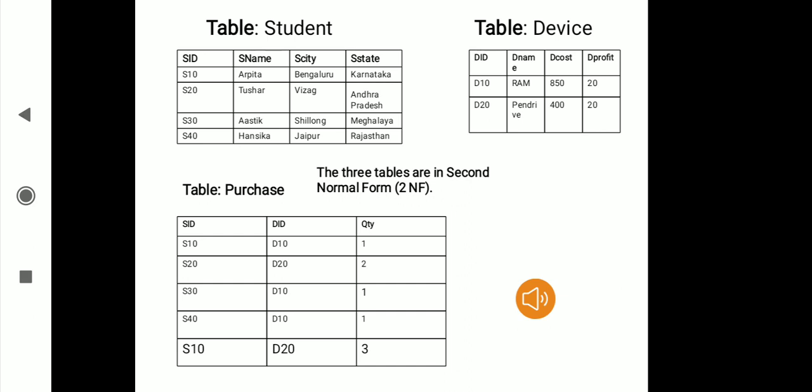As a result, SID and DID taken together can become the primary key column of the table purchase, which can uniquely identify every row in the table purchase.